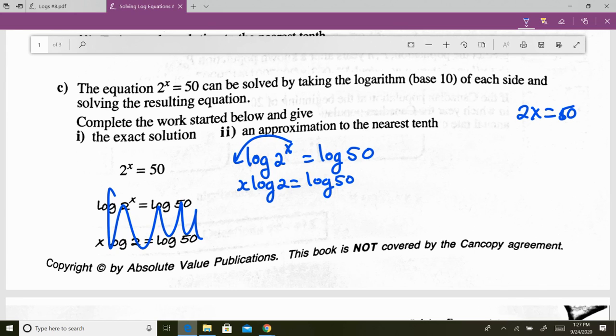Let's do log 2 is 0.3. So this equation is the same as x times 0.3. And I'm rounding here. Log 50 is 1.7. Again, rounding. These two are the same. How would you solve this one? What would you do? You divide by 0.3, right?